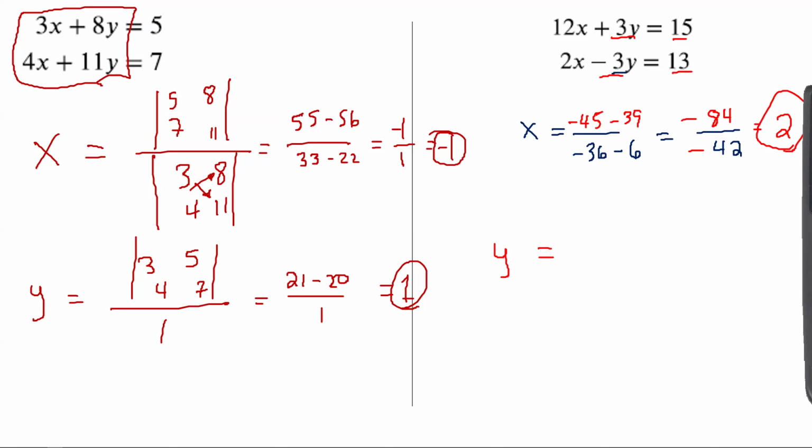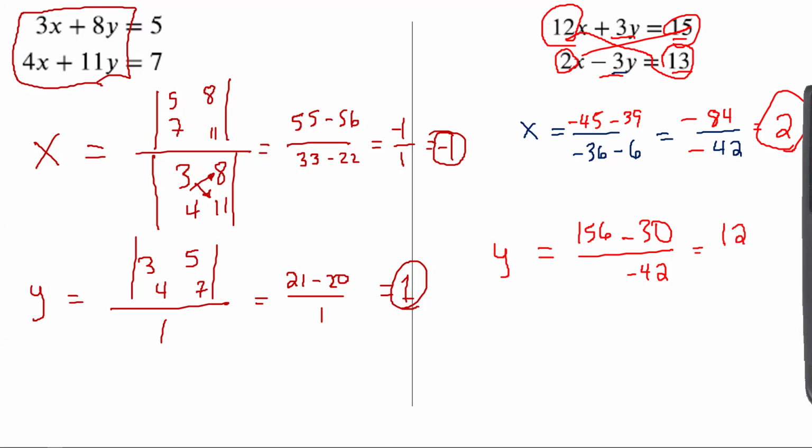When I go to do the second one, of course, I've still got the same number on the bottom. And now I'm looking at 12 times 13. That would be 144. And another 12 would be 156. Minus 2 times 15 would be 30.